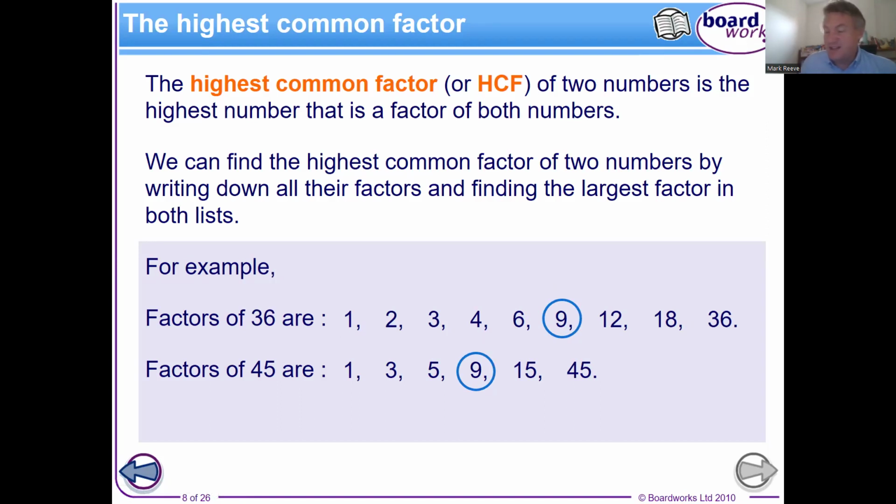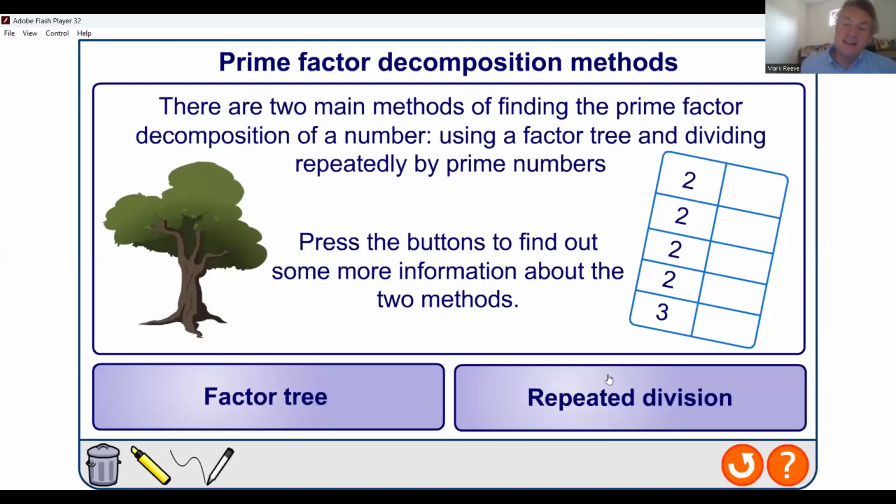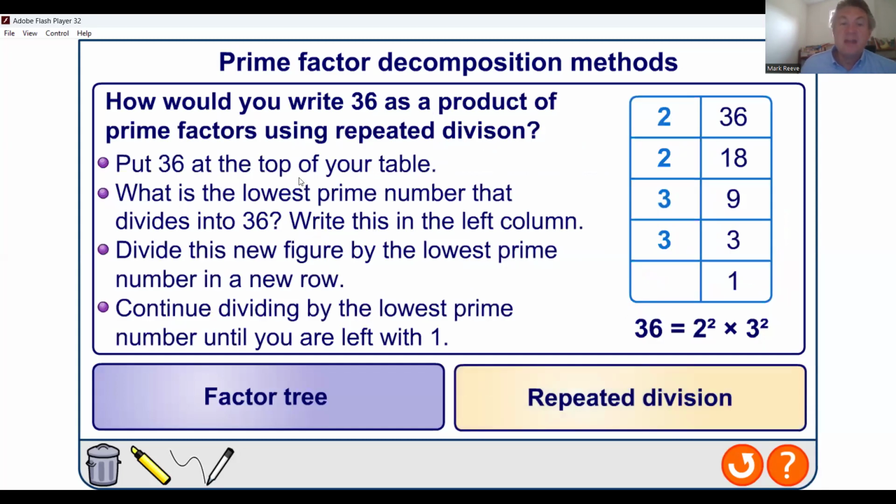Now, if the numbers get substantially harder, we need to do something a bit different. We're going to do something called prime factor decomposition. What I suggest is you use the idea of repeated division by prime numbers. To do that, you need to remember the prime numbers, which I'll write down at the bottom here.